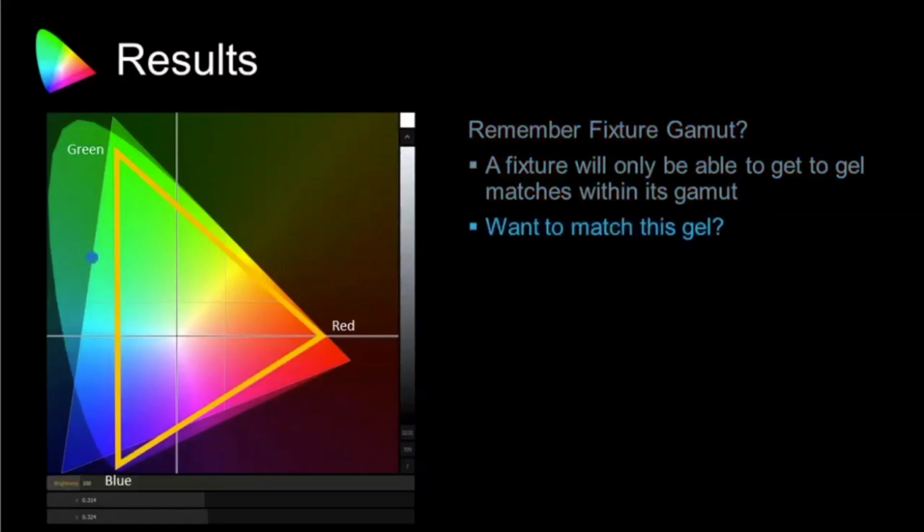So what if I really want to match a gel on my RGB fixture that's out here? Too bad, the physics of that fixture don't allow you to get to that color. So when you're using the gel picker, keep in mind that the fixture may not be capable of getting to that space.